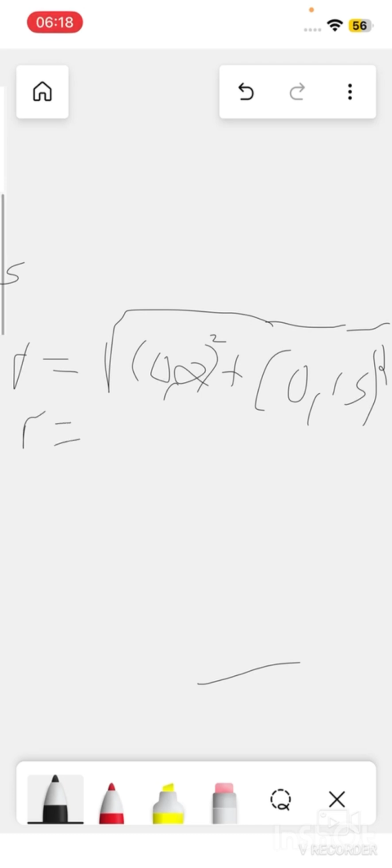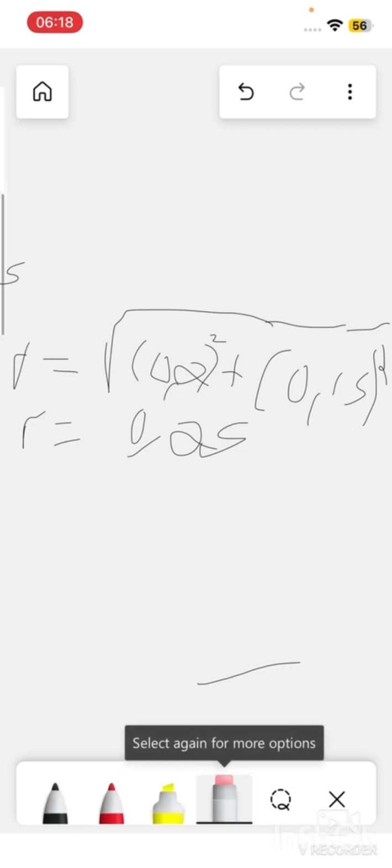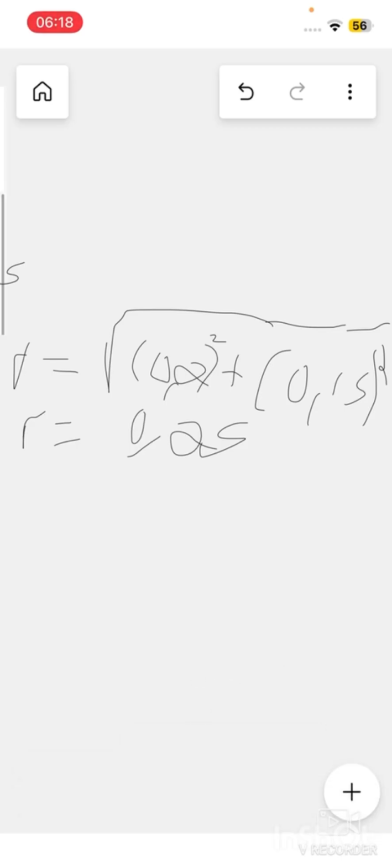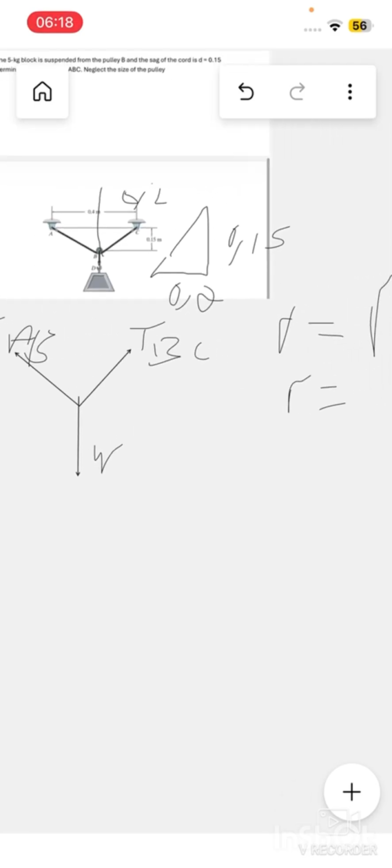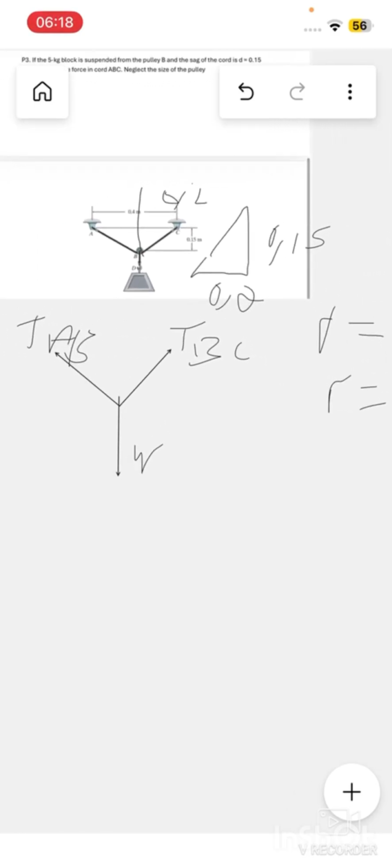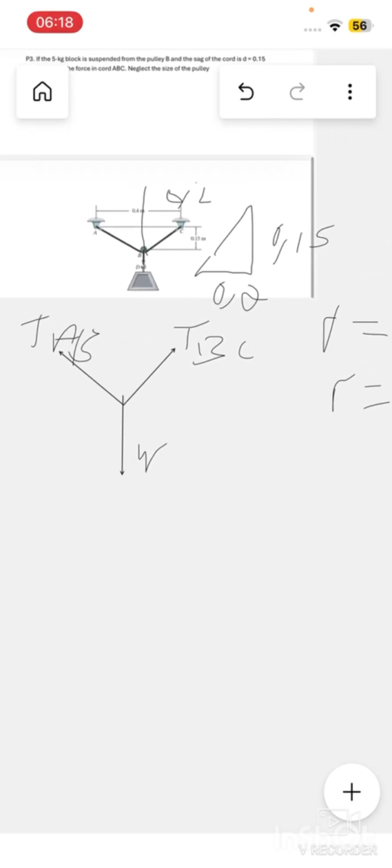Let's punch the calculator: 0.2 squared plus 0.15 squared. Therefore, we get our R as 0.25 meters.